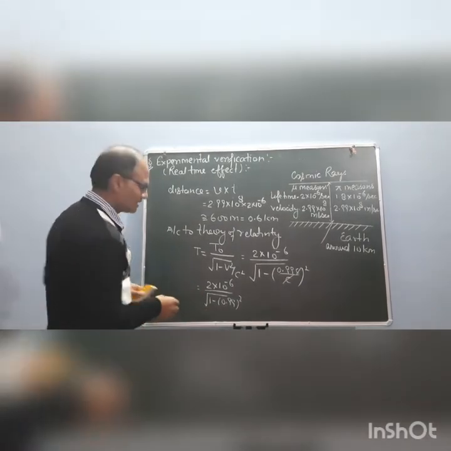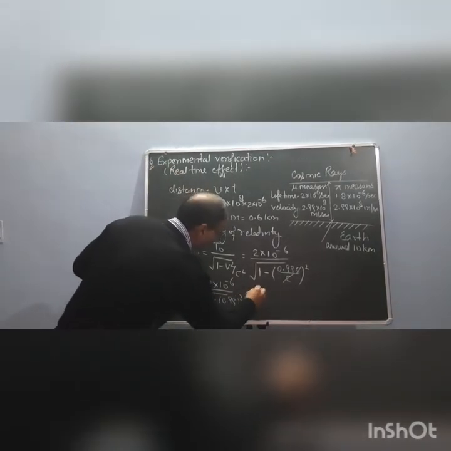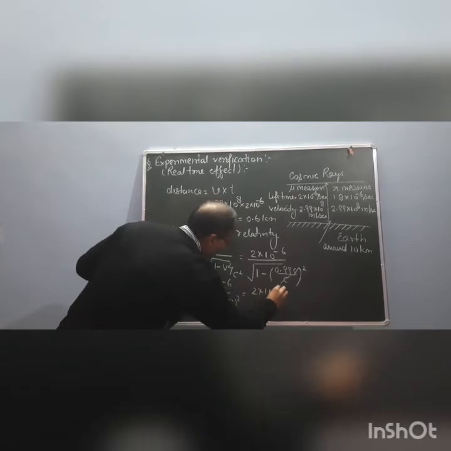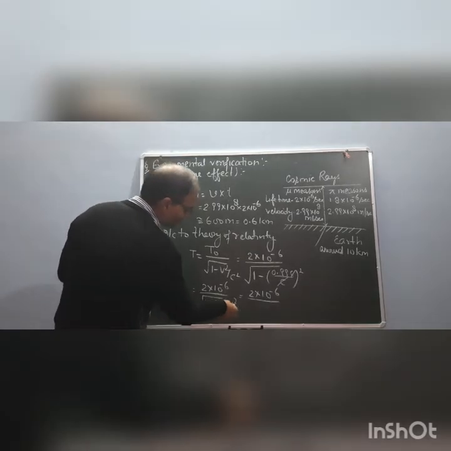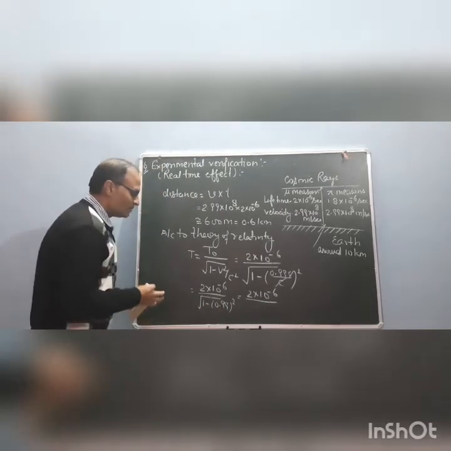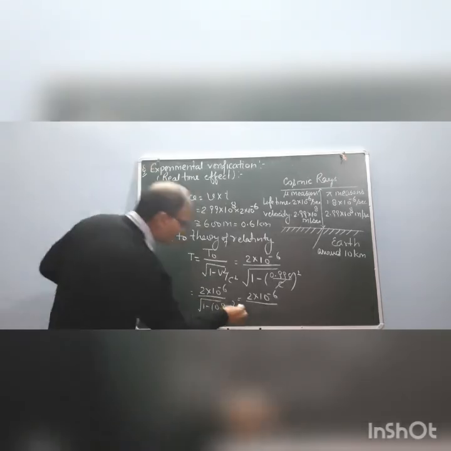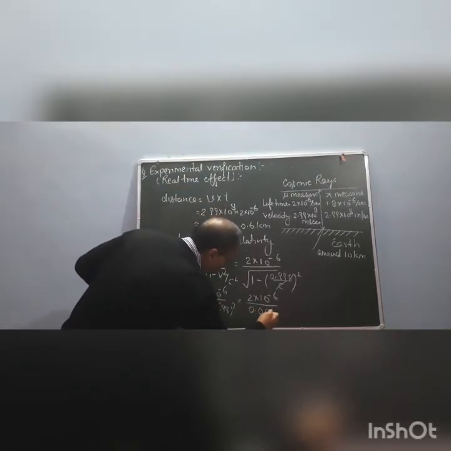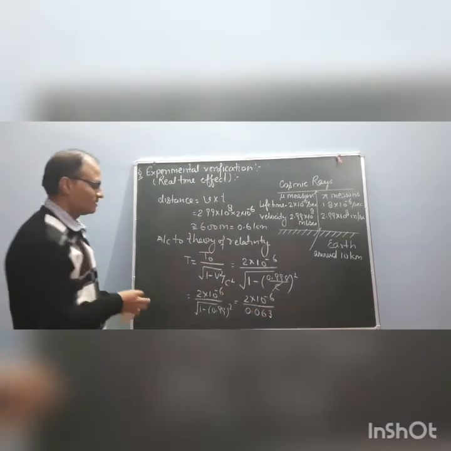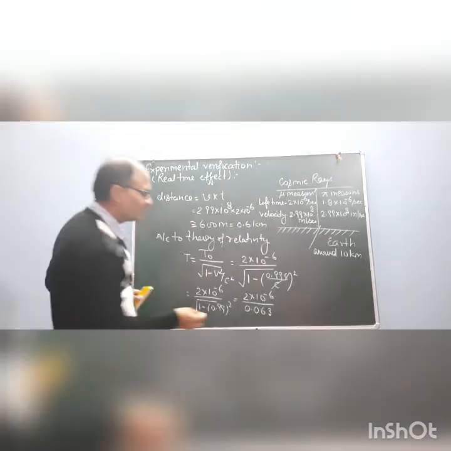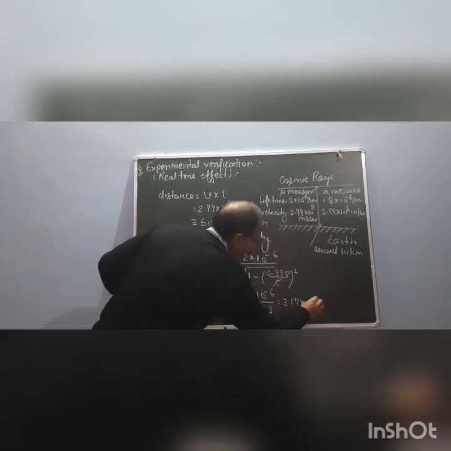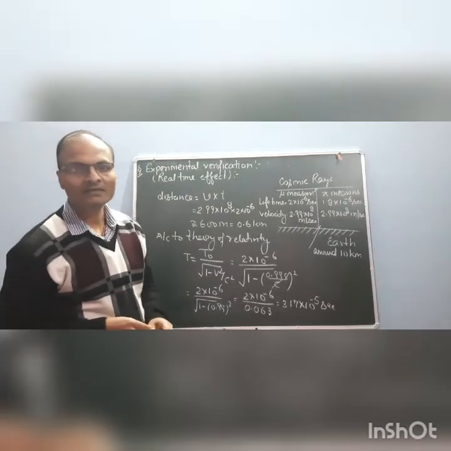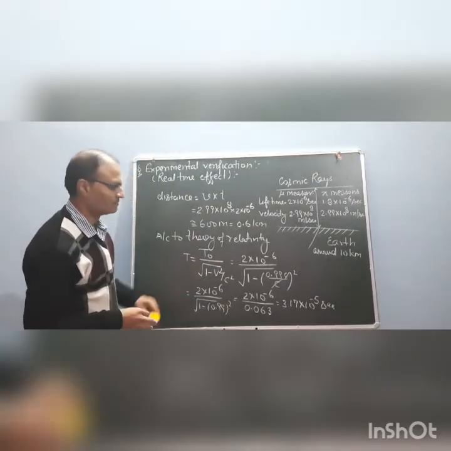If we square 0.99 and subtract from 1, then we consider the value 0.063. If we solve it, the value is 3.17 into 10 to the power minus 5 second. Okay, so this is t.